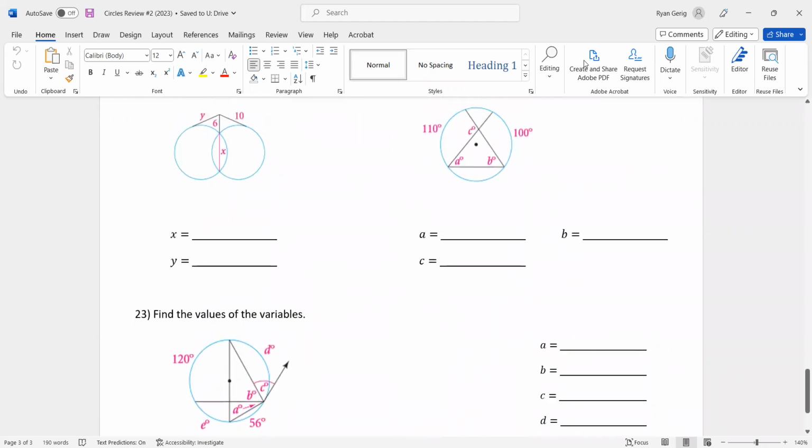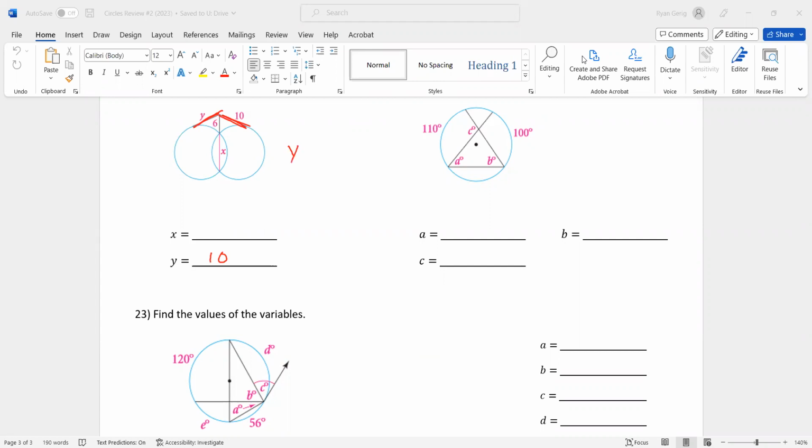I know that y squared, these are both tangent lines. So y is a tangent line and 10 is a tangent line. Technically, it's actually the party hat theorem. So I could very easily say y equals 10 because 2 tangent lines are going to be the same if the circles are congruent, which we are saying they are.